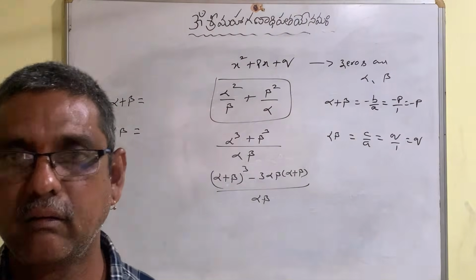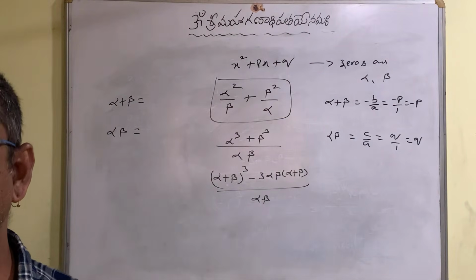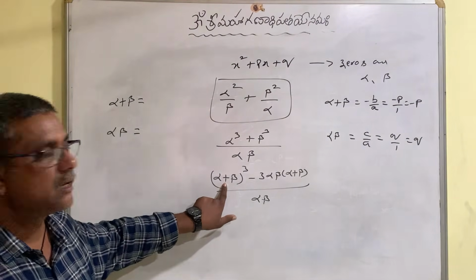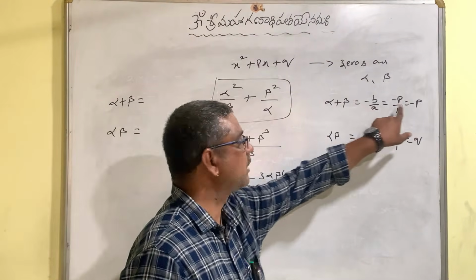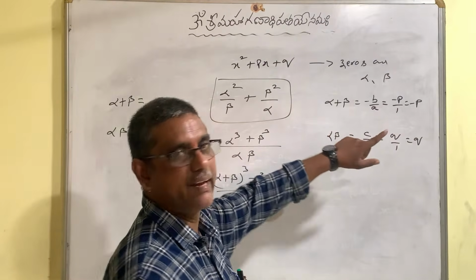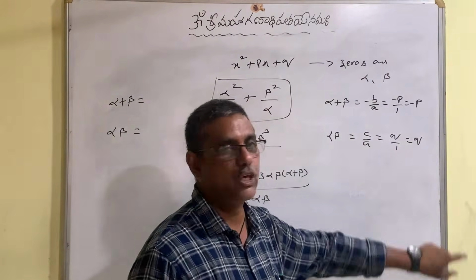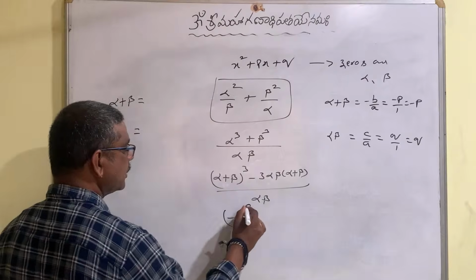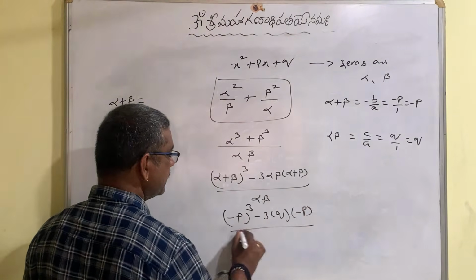First of all, whatever the problem is, we should be in a position to express the given problem in terms of alpha plus beta and alpha beta, because we know their values. Alpha plus beta is negative p, alpha beta is q. Now substitute negative p whole cube minus 3 into q into minus p by q.